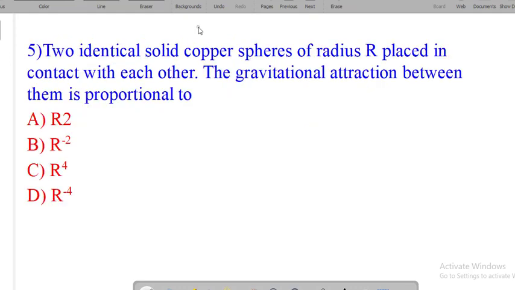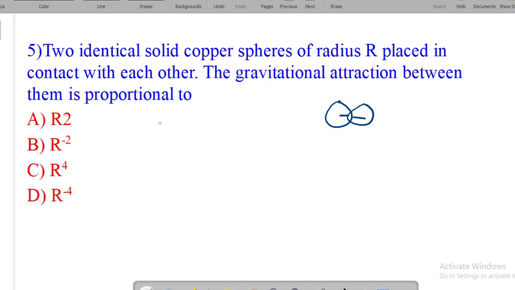The next is question number 5. Two identical solid copper spheres of radius r are placed in contact with each other. The gravitational attraction between them is proportional to what? So we are given two spheres, this is one sphere, this is another sphere, they are in contact with each other, and the radius of each is r. Then what is the attraction between them?